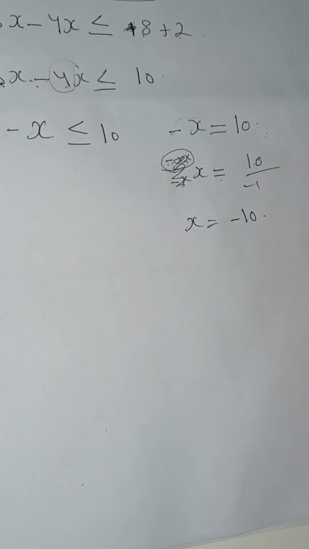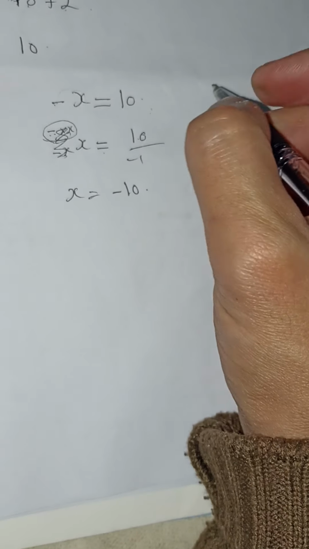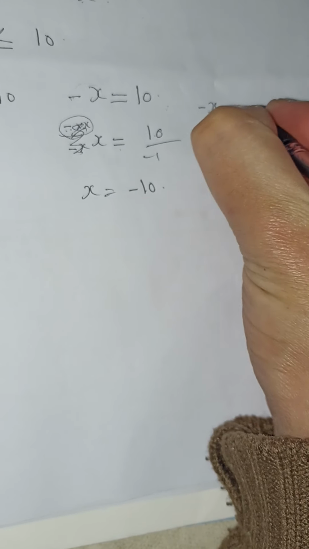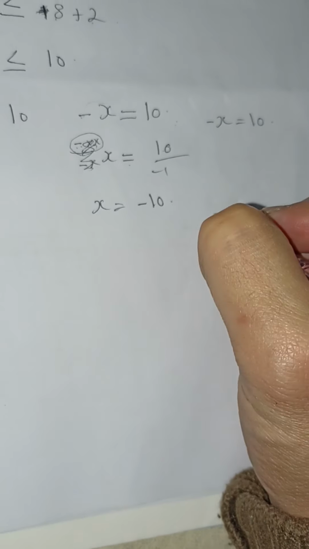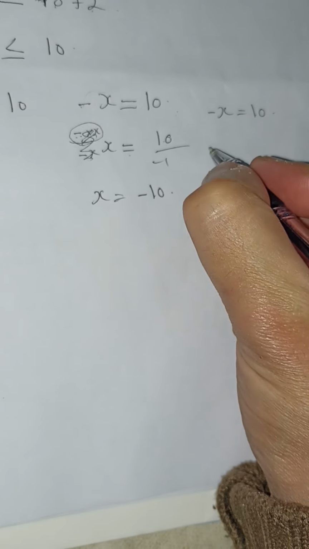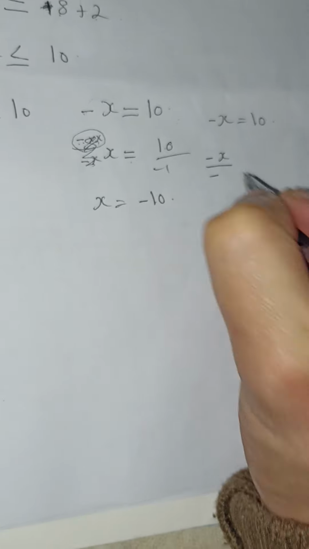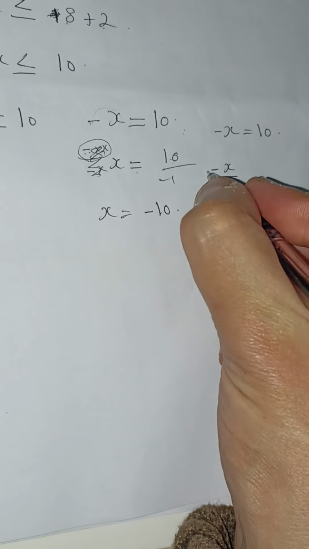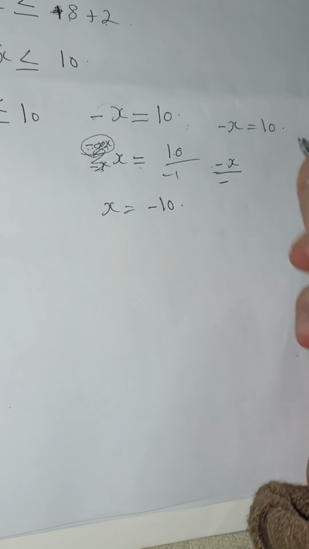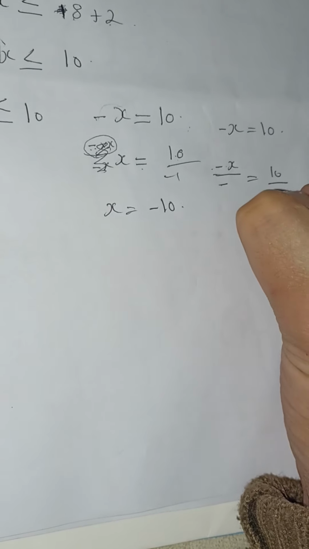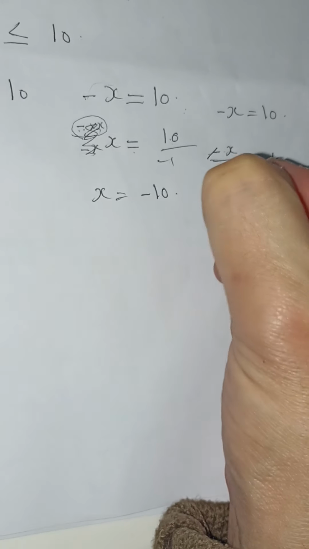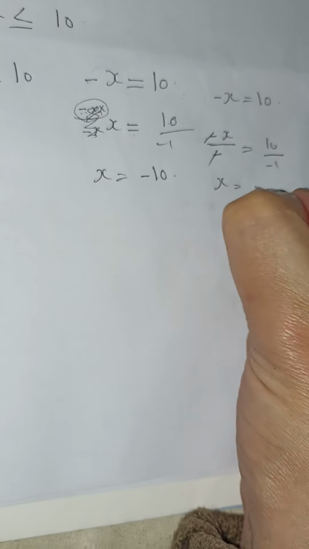Or, the other school of thought, write it as minus x is equal to 10. To finish this minus, it is multiplying here, so we divide it over here, and similarly we divide it over here. So this is cancelled automatically, so x becomes minus 10.